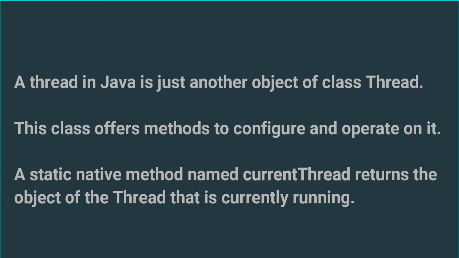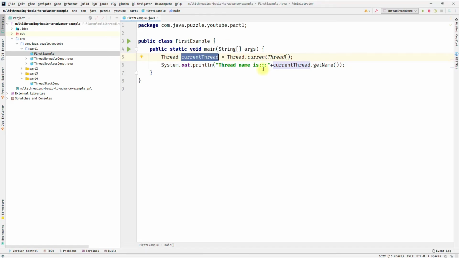A static native method named currentThread returns the object of the Thread class that is currently running. In this first example, I use Thread.currentThread and then print out the name of the particular thread.